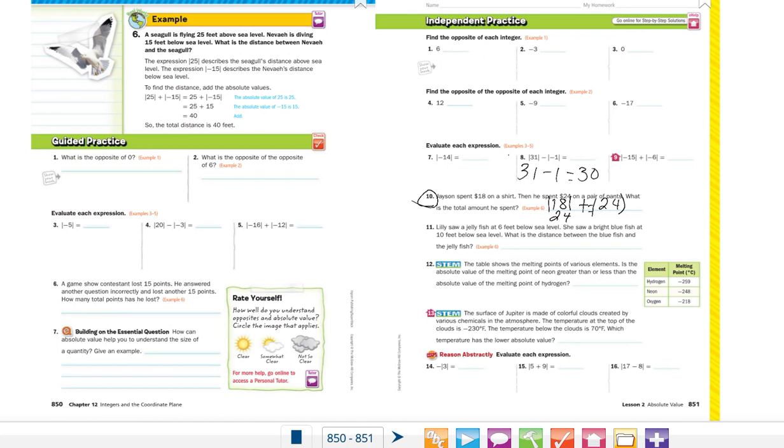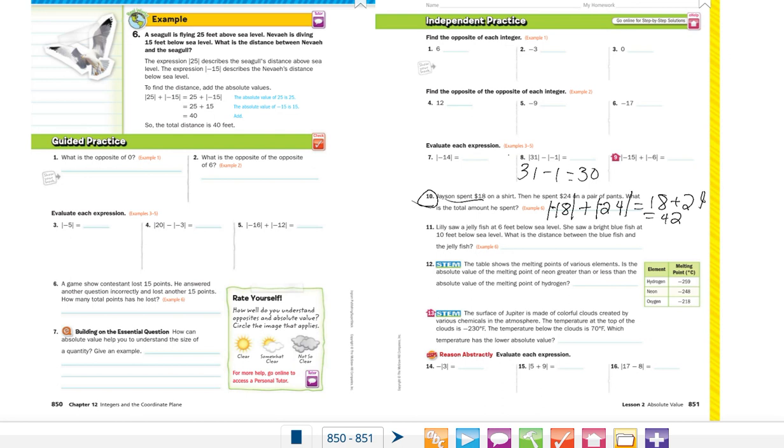Let me rewrite that for you. So the absolute value of 18 plus 24, and since he spent these, we're going to put negatives in front of them, is 18 plus 24, and that is going to give us $42.